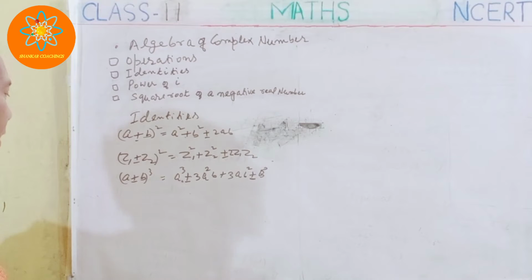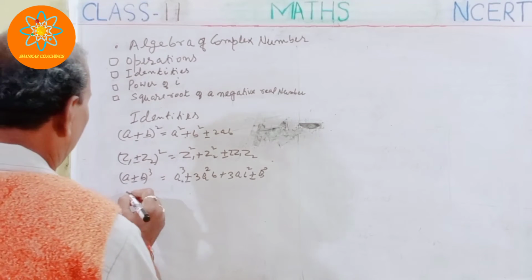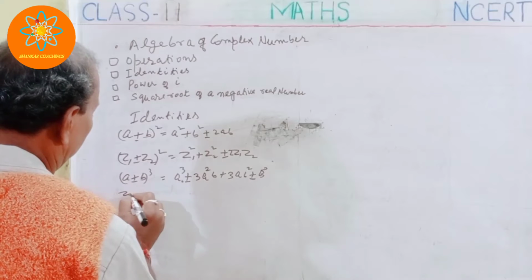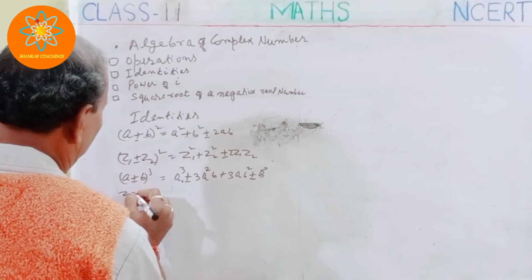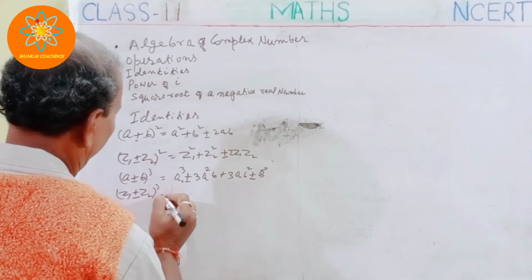So let's suppose z1 and z2 are two complex numbers. Then what is the value of z1 plus minus z2 whole cube?